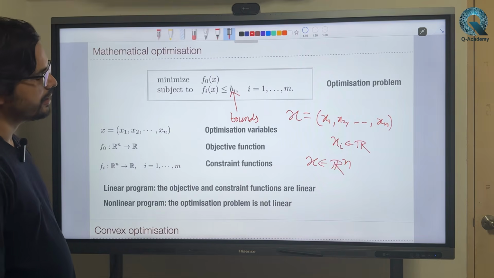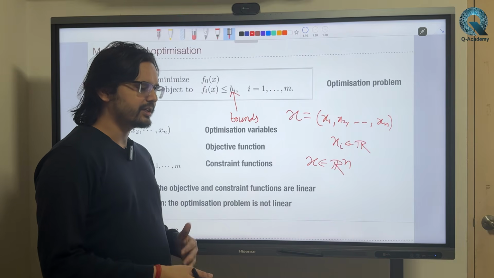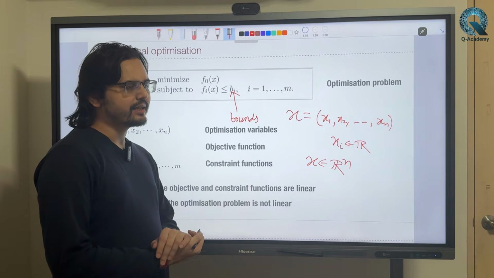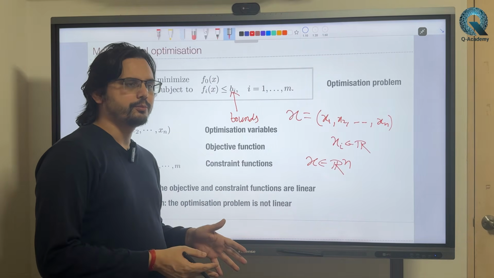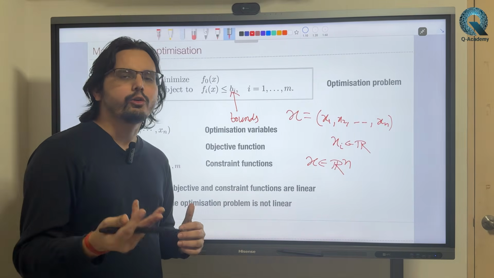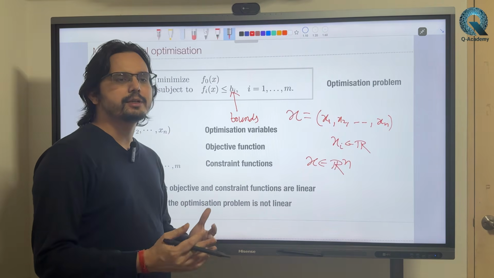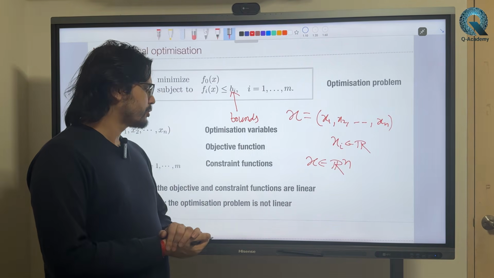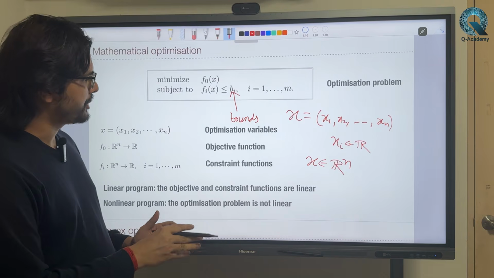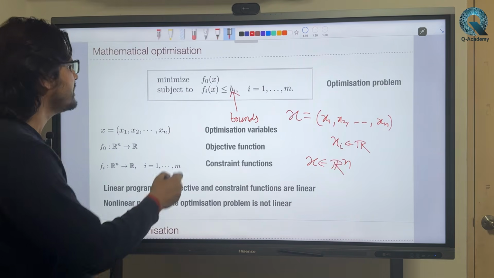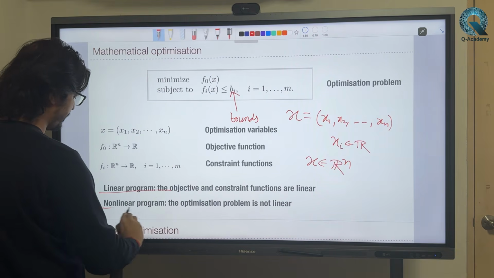Back in the time, people were interested in which programs are linear versus non-linear, but later they realized that it's important to distinguish between convex optimization and non-convex optimization. This is because a lot of nice mathematics has been developed for convex optimization. So people over time got interested in this distinction, though linear versus non-linear is also a nice distinction.